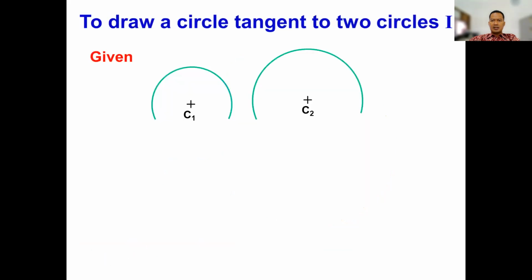To draw a circle tangent to two circles, given one with the center of circle C1 and C2, then you will draw C circle with the center in C. Then you will get a circle tangent of two circles like this.